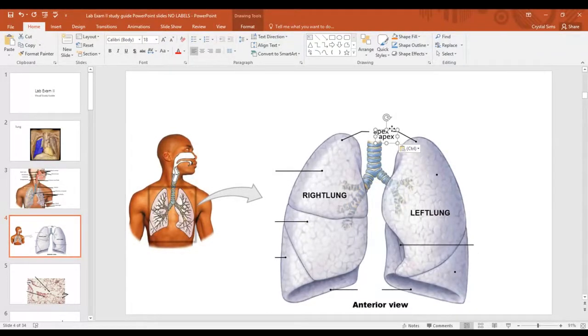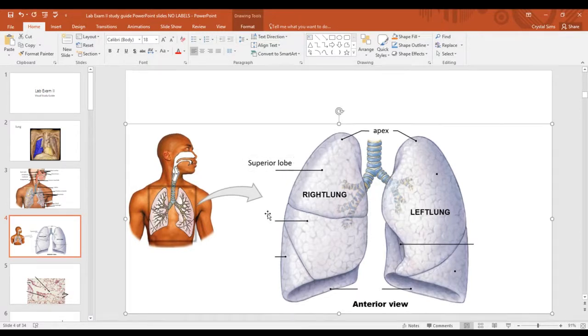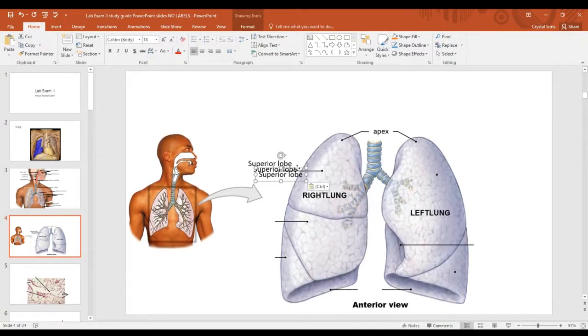All right. So I'm going to go to the next slide, and hopefully it goes with me. Everybody see the next slide? Yay! All right. So the first thing we've got here is at the very top of the lungs. So what are the very tops of the lungs called?